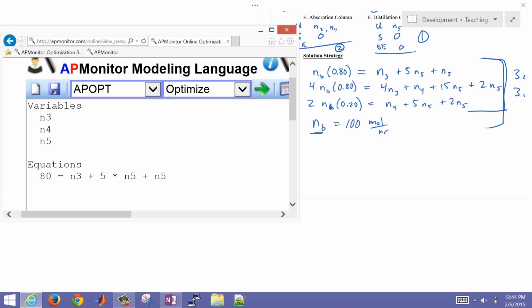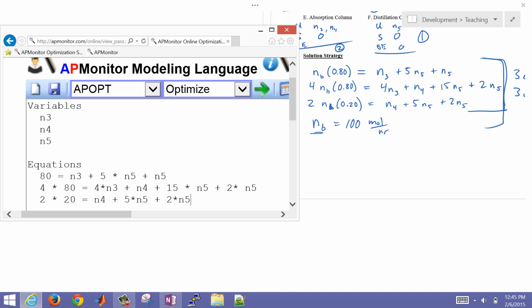Okay, and the next equation is going to be 4 times 80 equals 4 times N3 plus N4 plus 15 times N5 plus 2 times N5. Okay, I could have done 17 times N5 there. Okay, and then 2 times 20 equals N4 plus 5 times N5 plus 2 times N5.